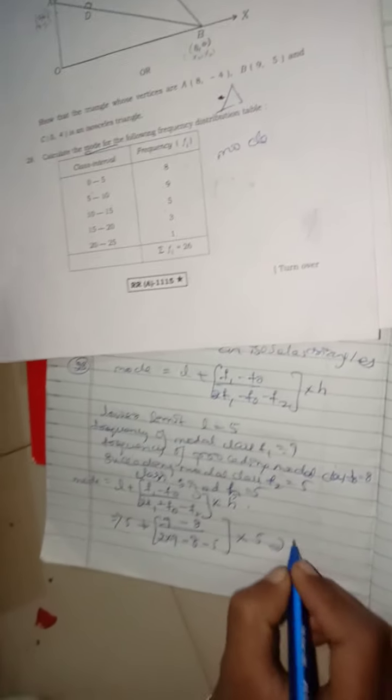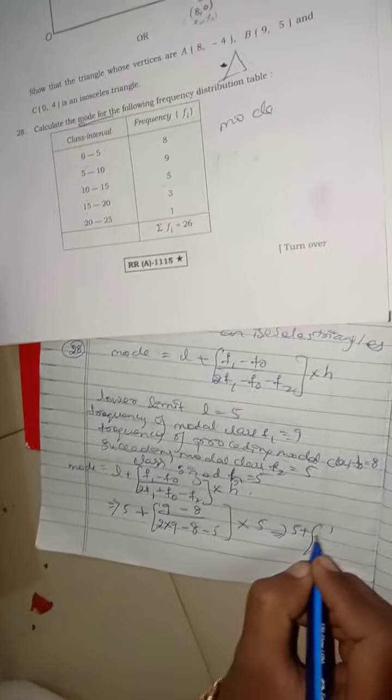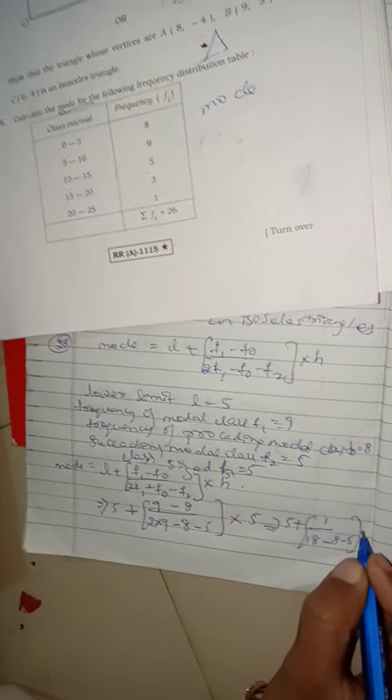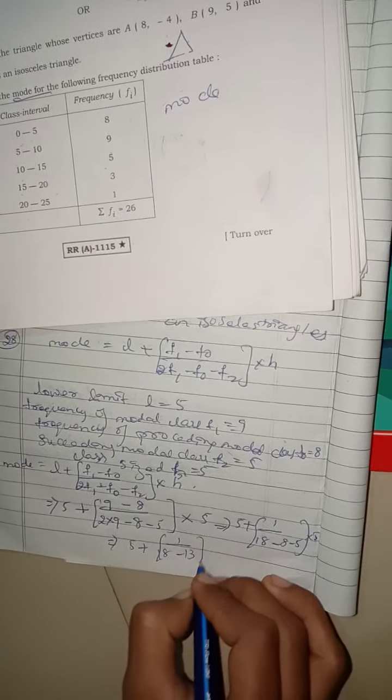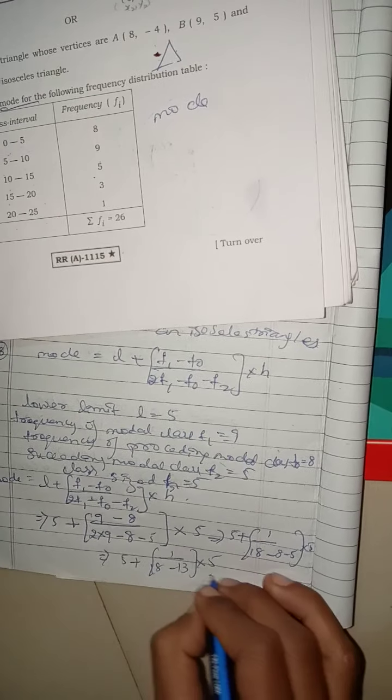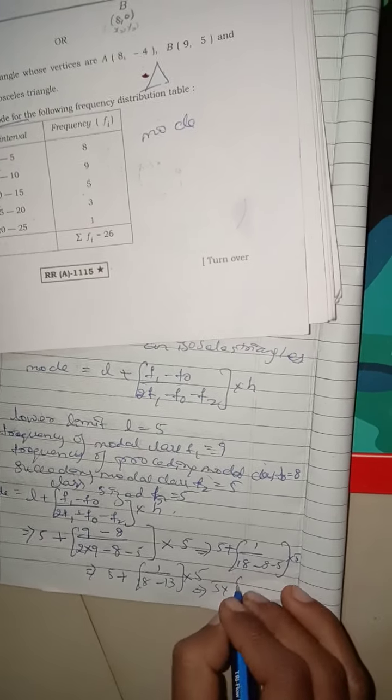Then we have 5 plus 1 by (18 minus 13) into 5. Then we have 5 plus 1 by 5 into 5.